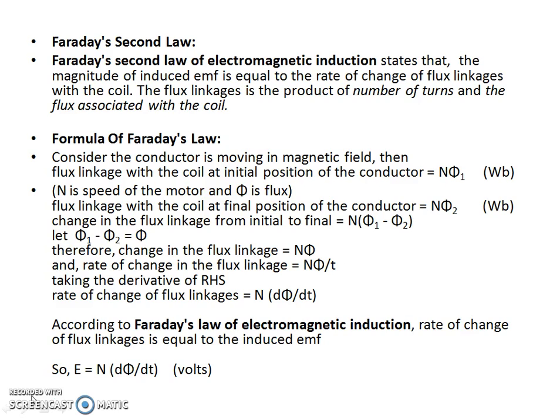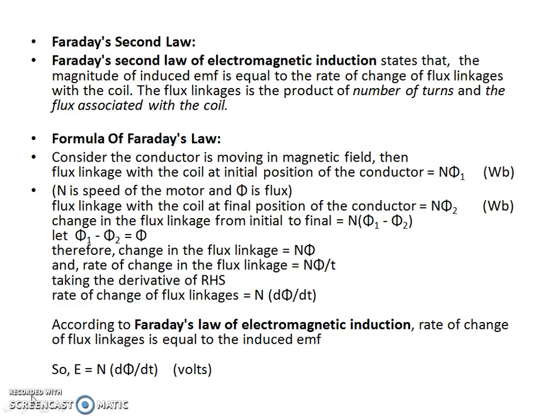Flux linkage with the coil at the final position of the conductor is equal to N into phi 2 Webers. Change in the flux linkage from the initial to final is equal to N of phi 1 minus phi 2. Let phi 1 minus phi 2 is equal to phi.